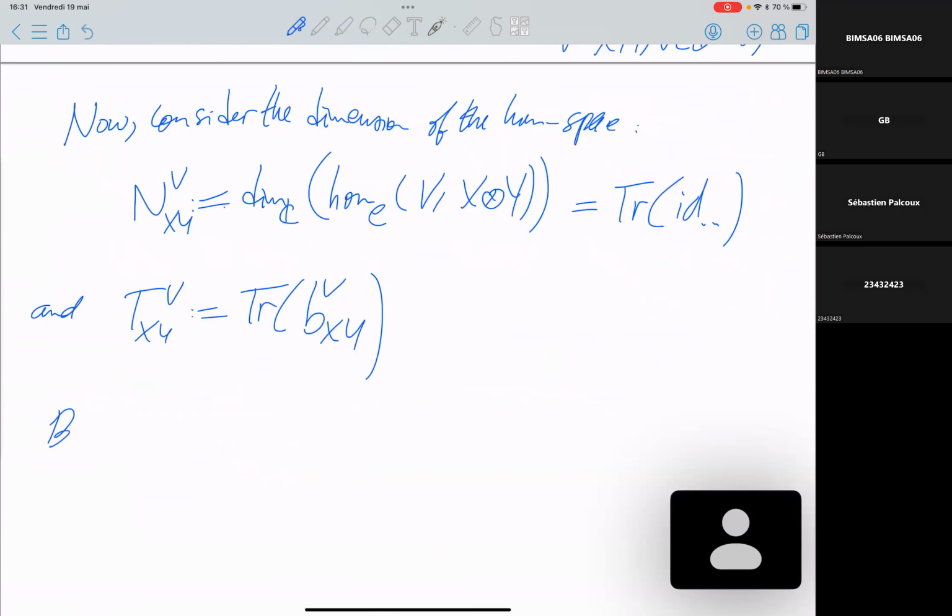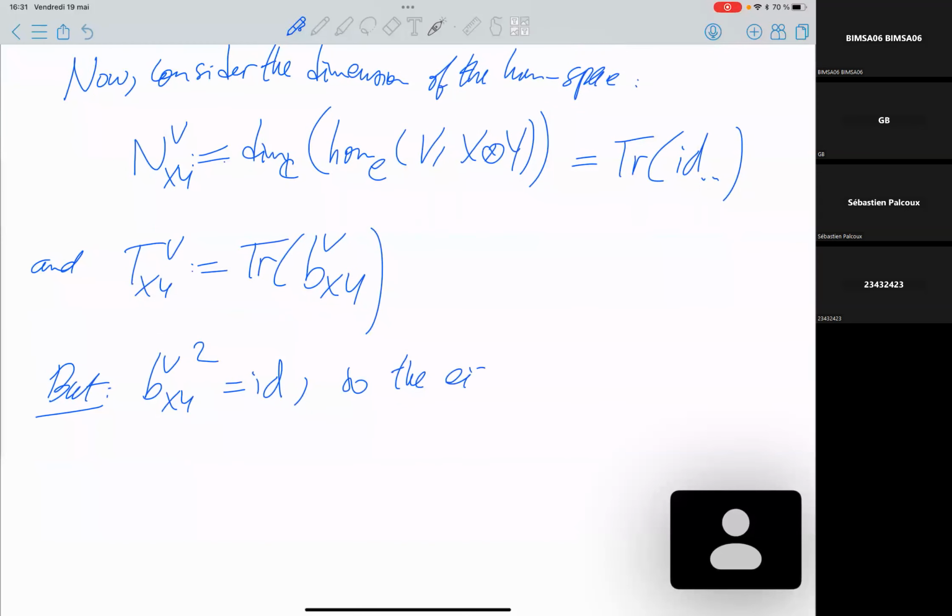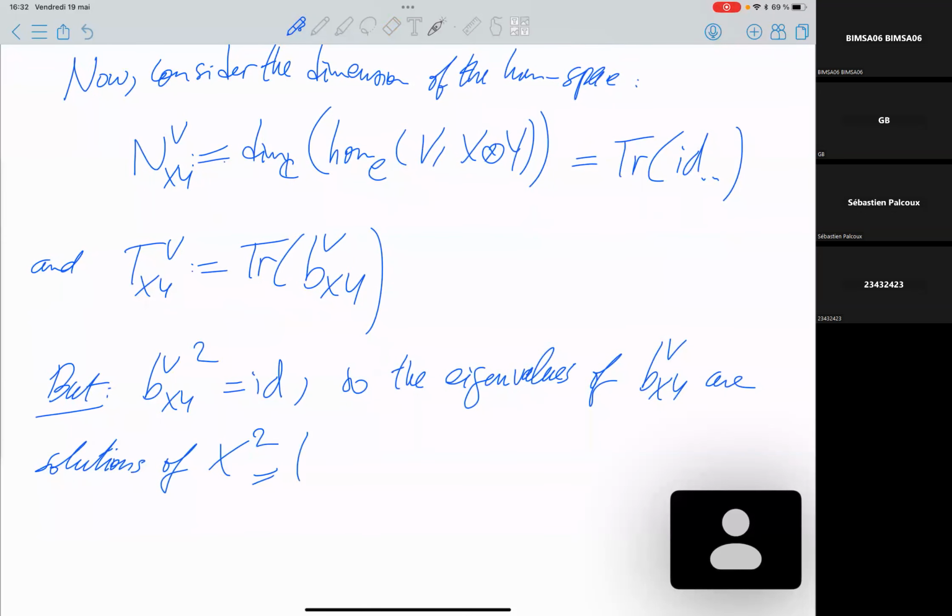But B_{XYV} squared is identity. So the eigenvalues of B_{XYV} are solutions of x squared equals 1. So they are plus or minus 1. They are in {-1, 1}.